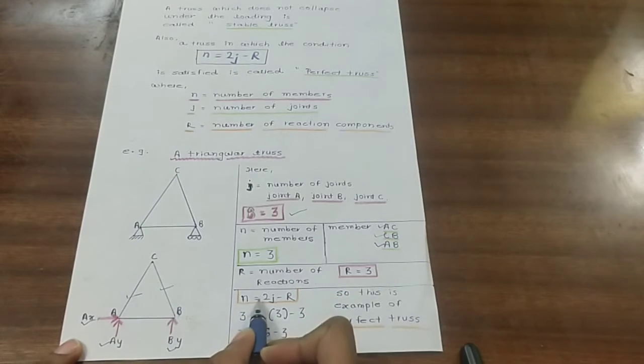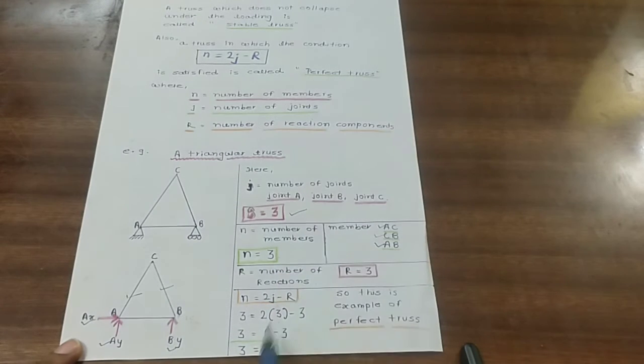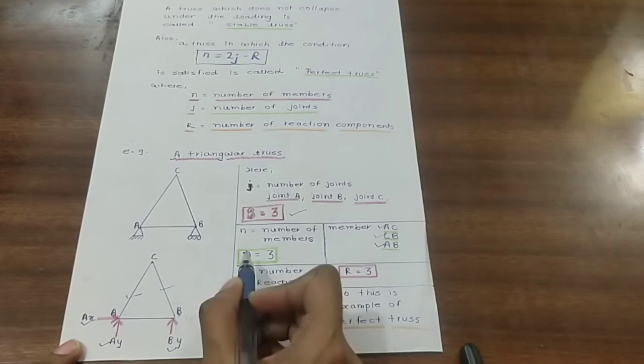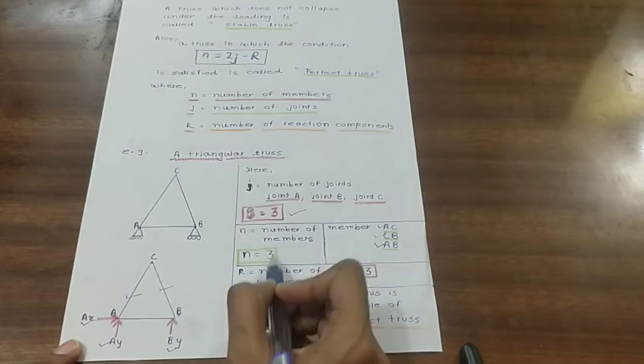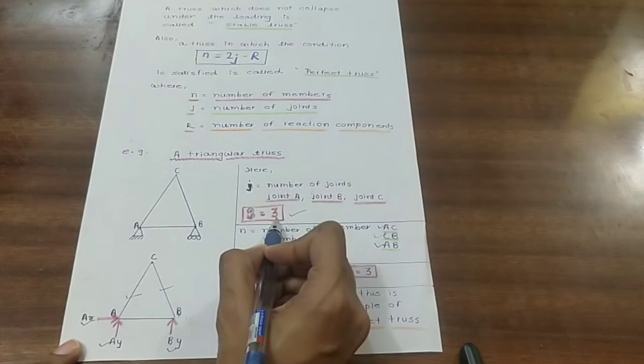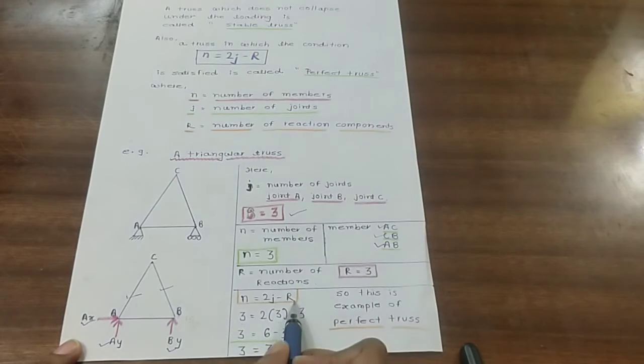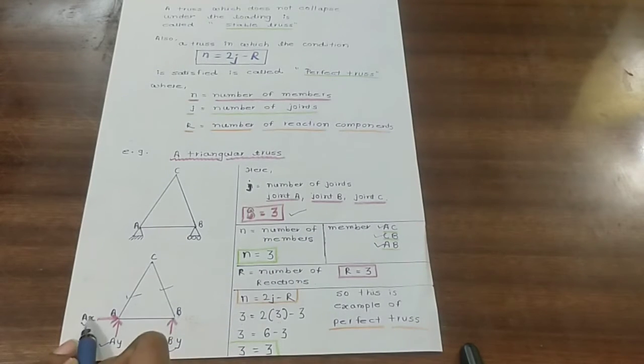So n is equal to 2j minus r. The number of members n is equal to 3, the number of joints j is equal to 3, and the number of reactions r is equal to 3: AX, AY and BY.